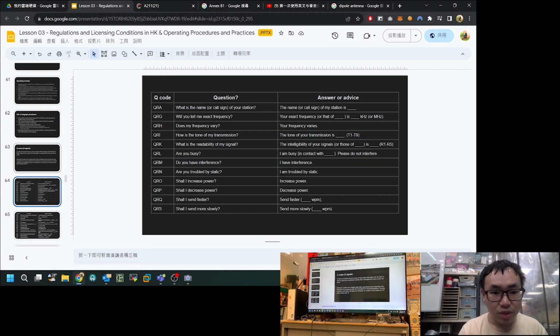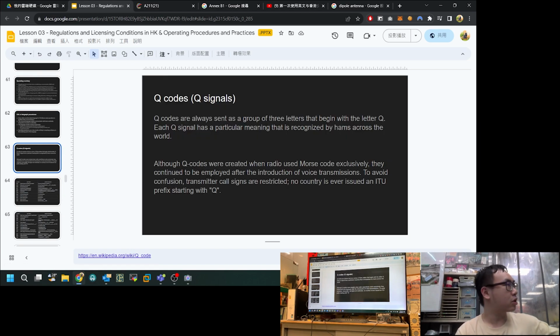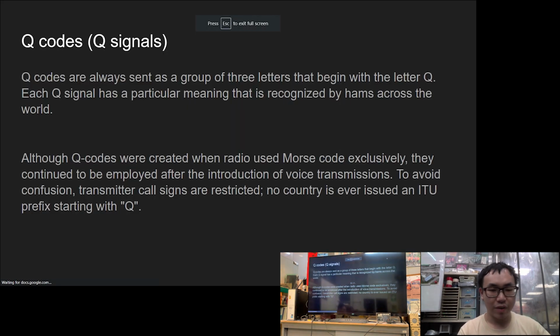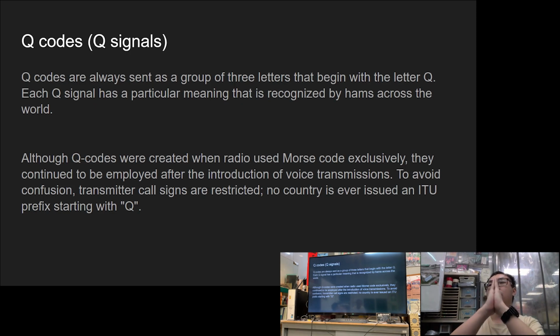Okay, so the time is running short. I will just go through the Q codes before we leave. Q codes are 3 letters in a group. As we are using Q codes, no call sign prefix starts with Q. Like Hong Kong is VR2, the mainland China is B, BG, BA and so on, Japan is J. No one is using Q as the first letter of their call sign.